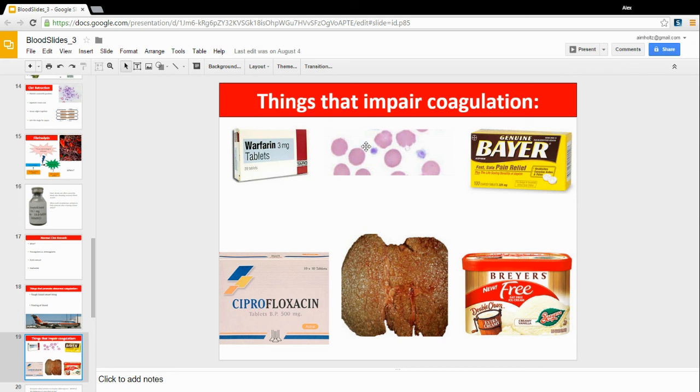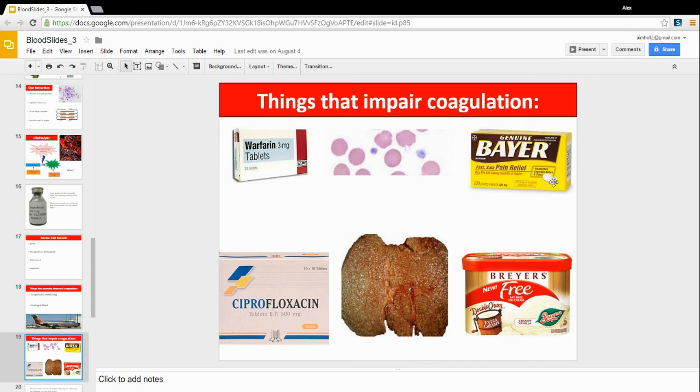Obviously you need platelets in order to have good coagulation. If you had too few platelets, something called thrombocytopenia, that would be bad because platelets are essential for many of the clotting factors.